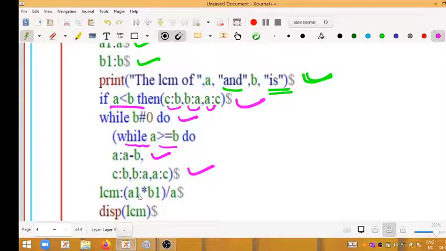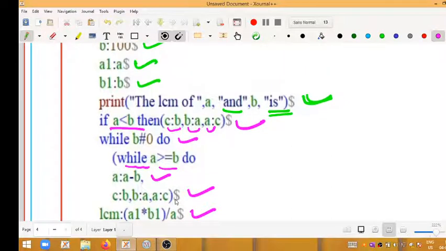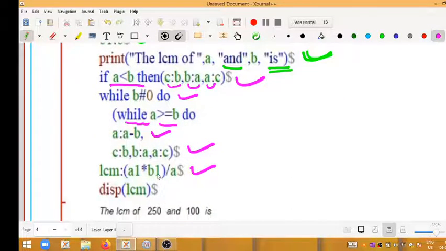Again, LCM is A1 into B1 divided by A, where A is nothing but the GCD of the given integers.